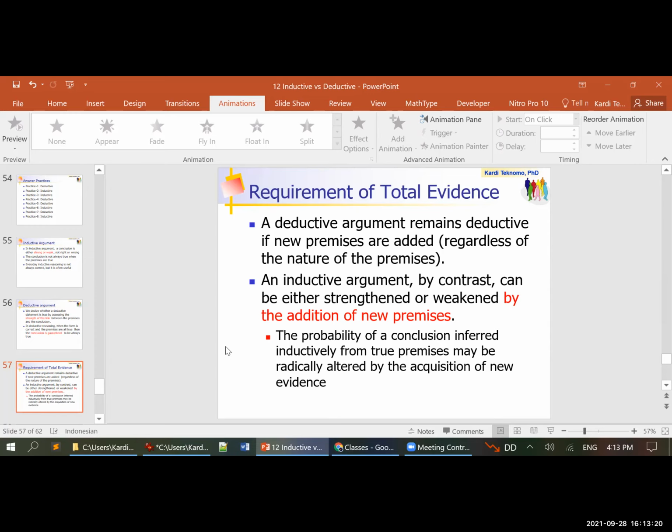But an inductive argument, by contrast, can be either strengthened or weakened by the addition of new premises. The probability of a conclusion reached inductively from the premises may be radically altered by the acquisition of new evidence.